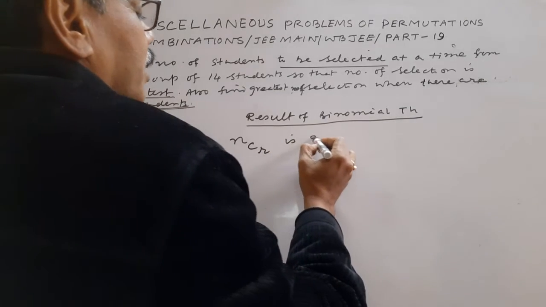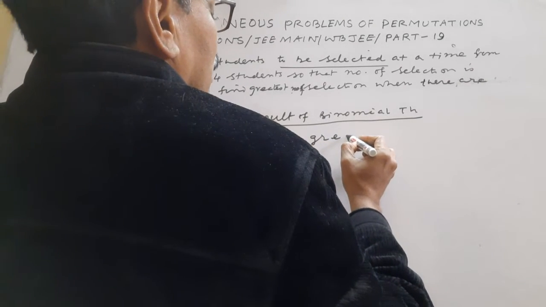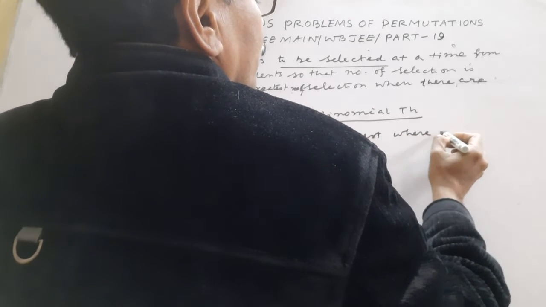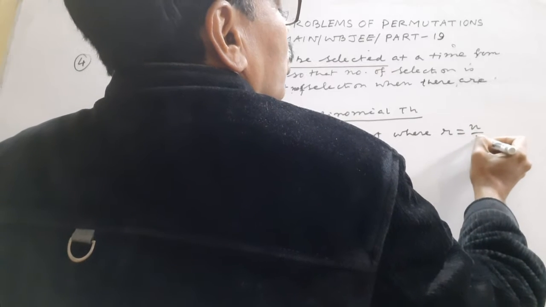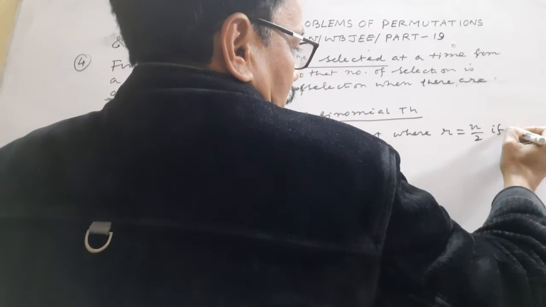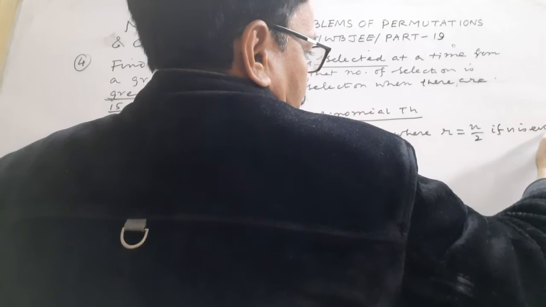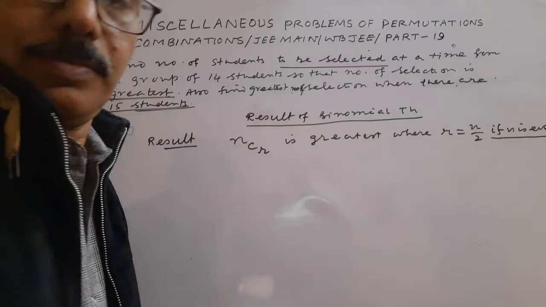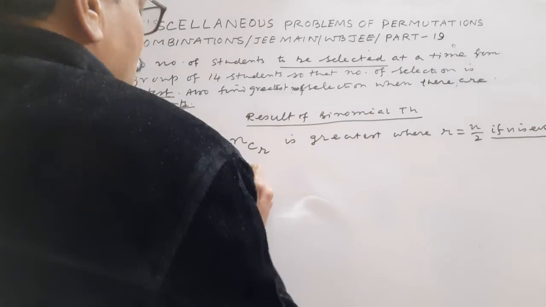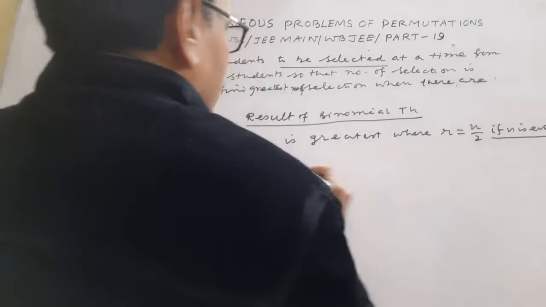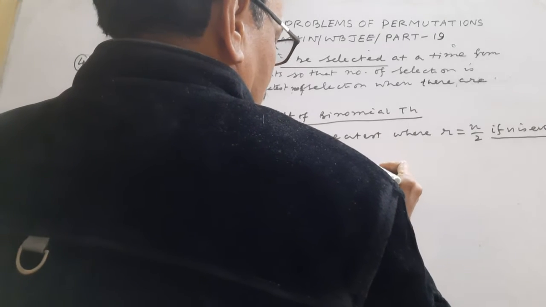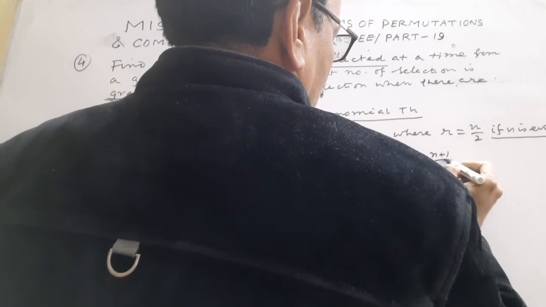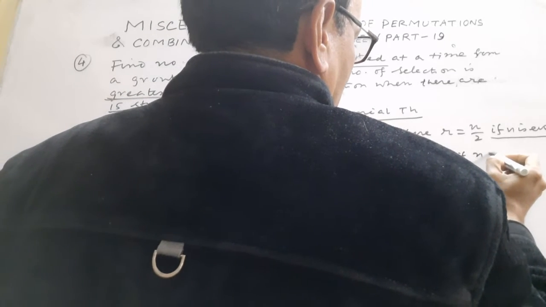NCR is greatest when r equals n by 2 if n is even. And NCR is greatest when r equals (n minus 1) by 2 or (n plus 1) by 2 if n is odd.